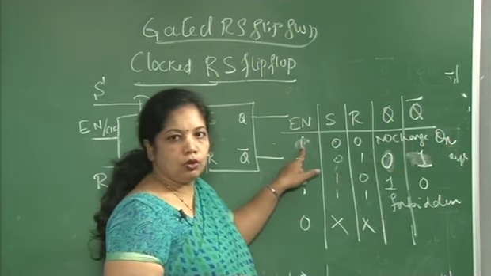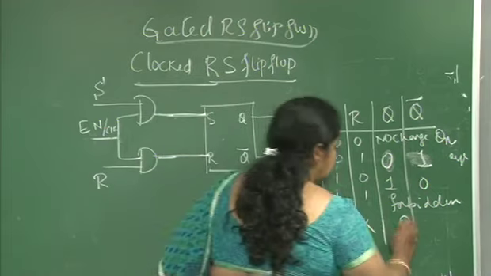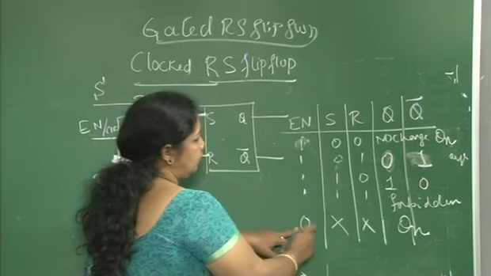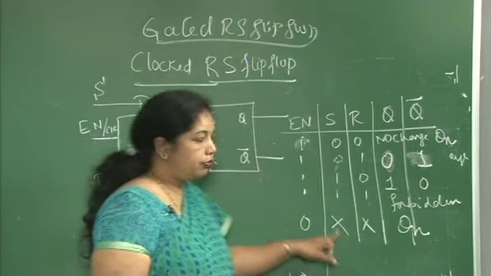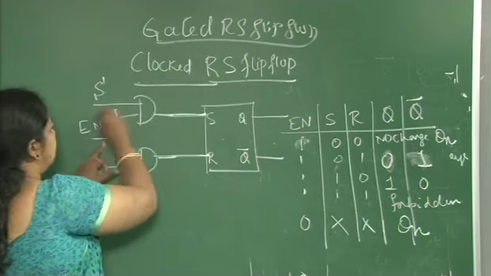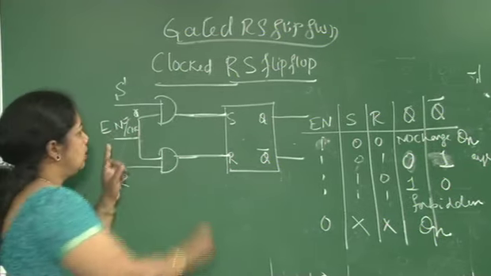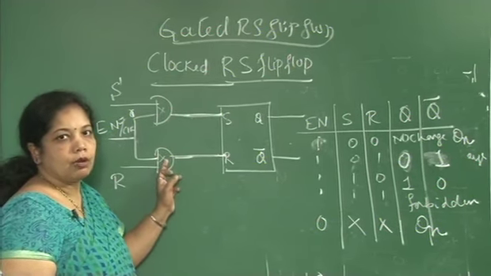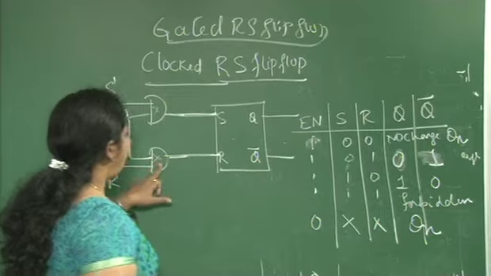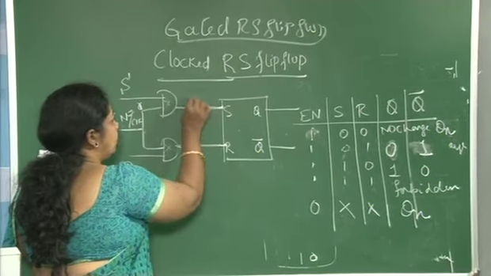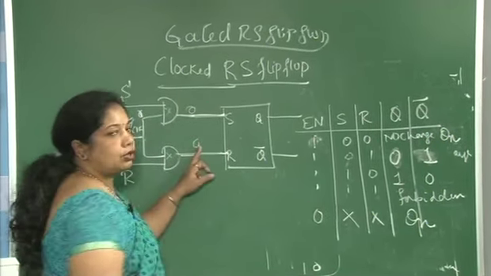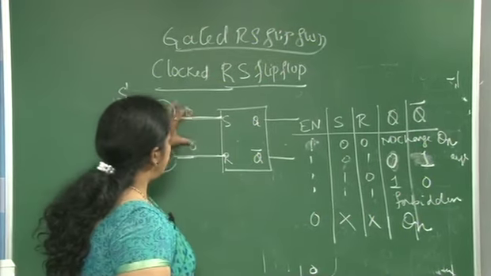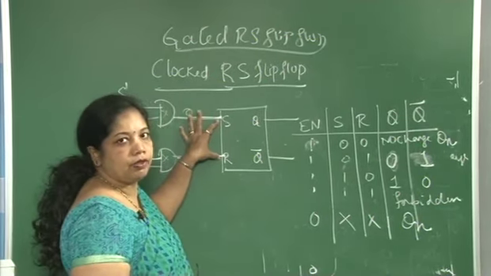No matter whatever the inputs are, if my enable signal is 0, both the inputs to the AND gates are disabled. So the output of the AND gates is 0 0. So 0 0 will be the input to the SR flip-flop.